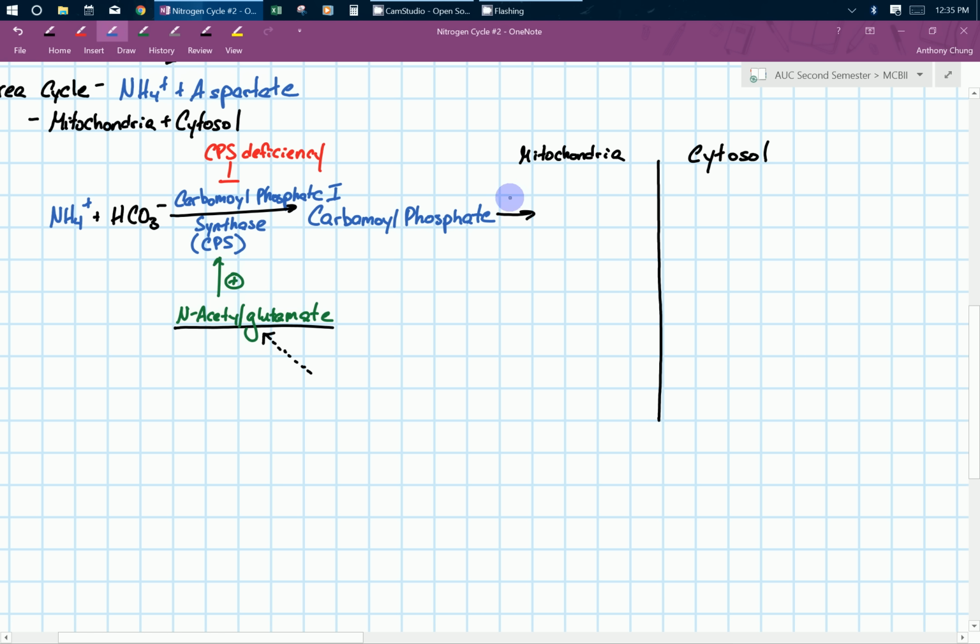I'm going to draw in blue the enzymes that you have to know, and if you don't need to know them, I'm going to draw them in black, so I'll make sure that all the enzymes you need to know are highlighted. The next enzyme is called ornithine transcarbamylase, and usually this is called OTC.